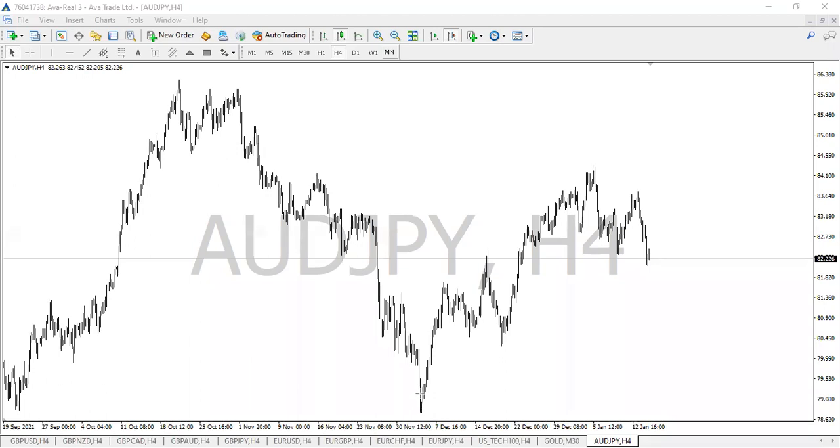From this side all the way up there, we had uptrend. But now we have this point and this point also, and it looks like AUDJPY has violated the trend, or it is changing the trend.